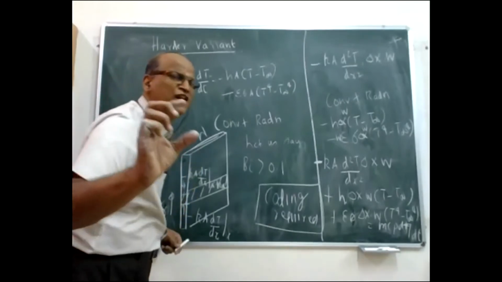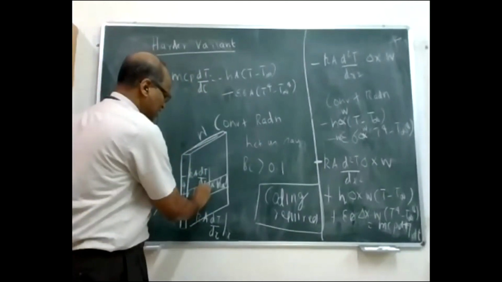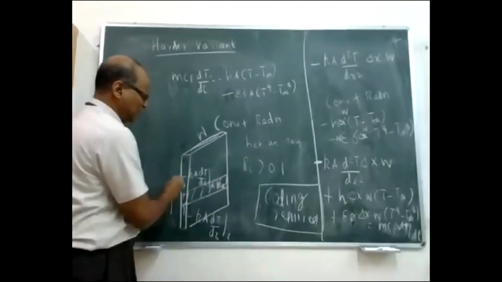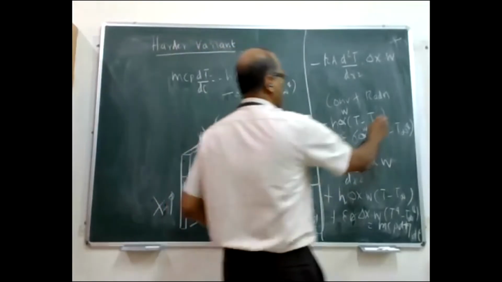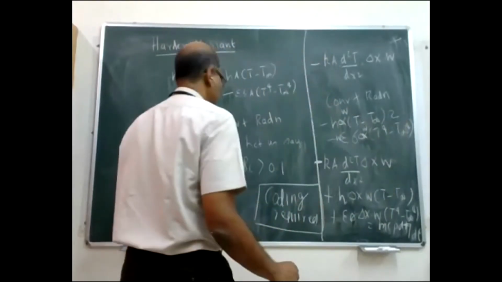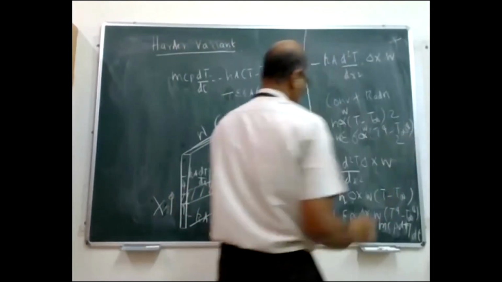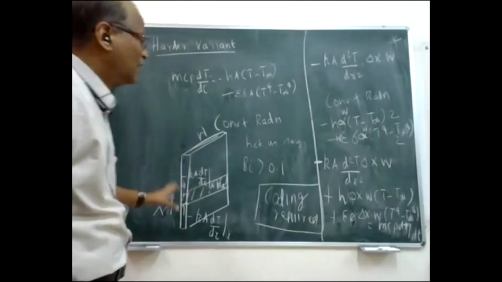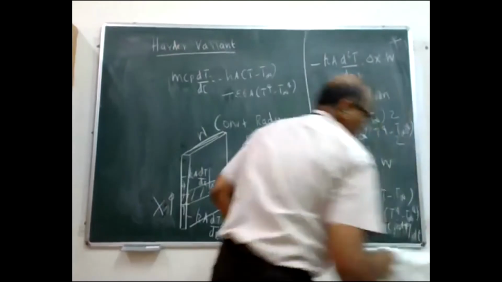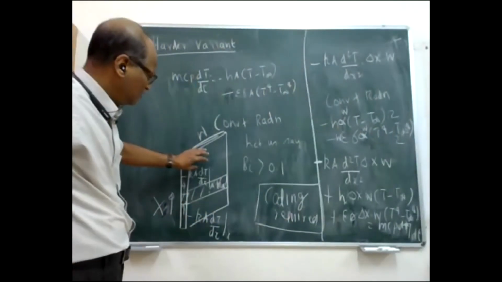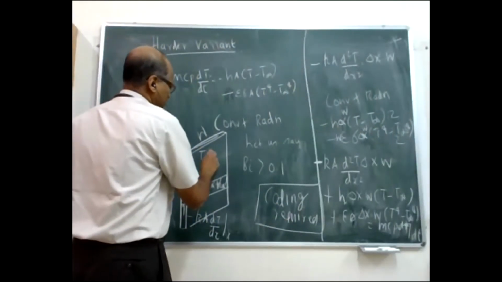I'm considering it like a fin equation, and heat is convected and radiated out from the left side and right side. So I have to do delta x into maybe 2, because of the right side and left side. You just take care of all that. But the equation is getting messy. The messiest of them all would be if I want to find T as a function of x, y, z, and t.